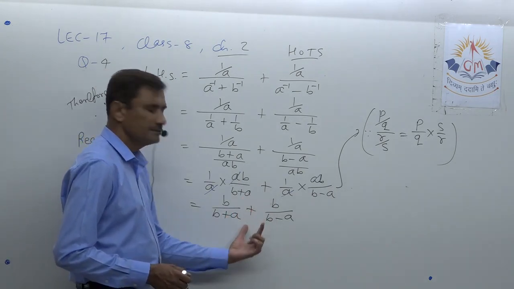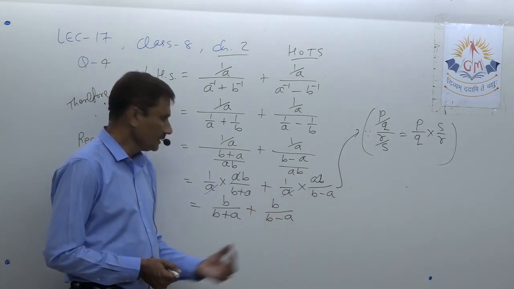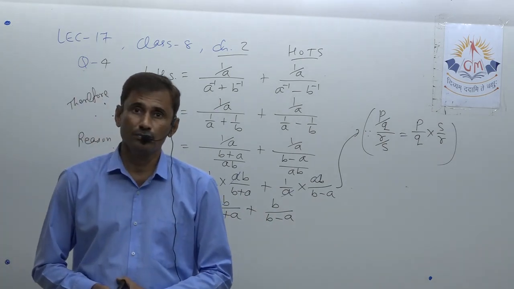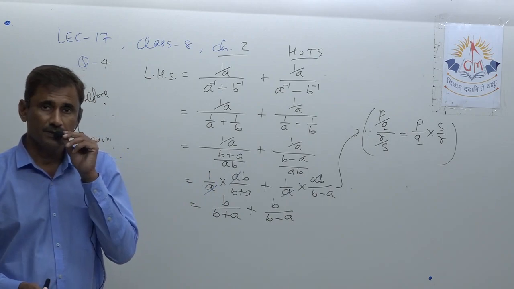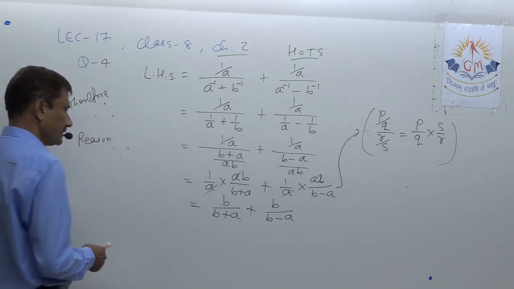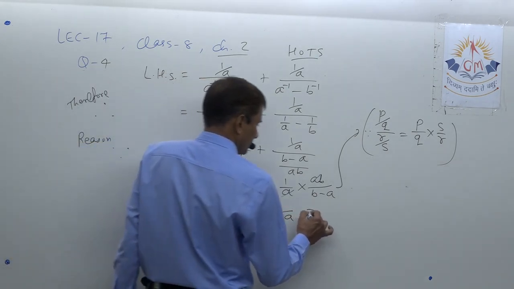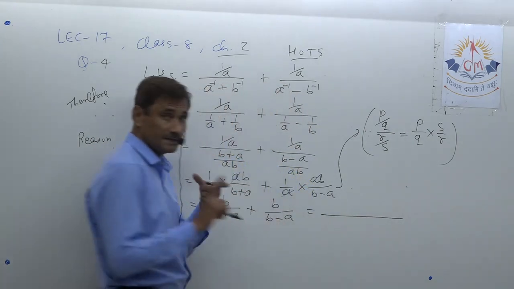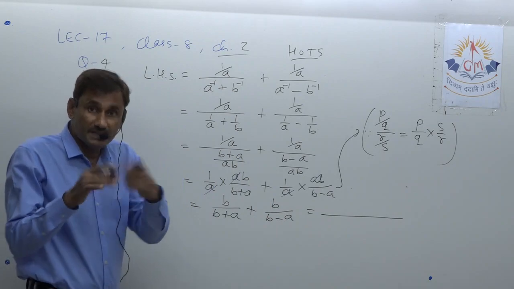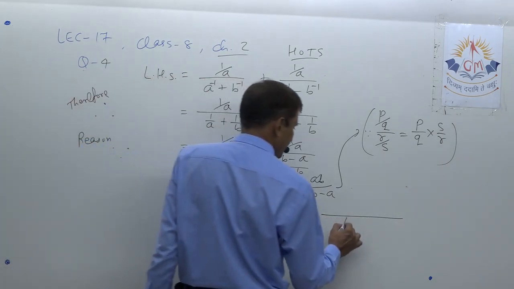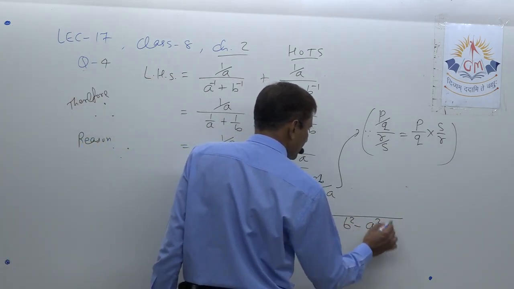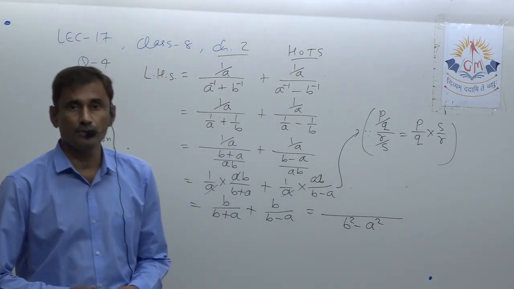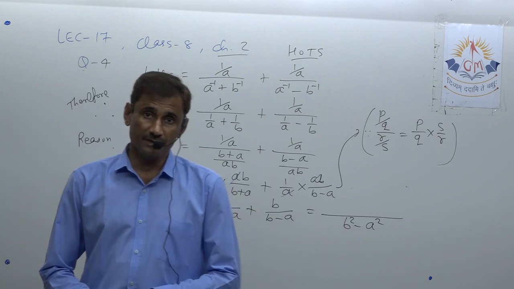Okay, now you can say this is a fraction and in between is addition. So obviously you know what to do, cross multiplication again. So do the cross multiplication step here. First of all, the product of both these, B plus A and B minus A, means you know, B square minus A square, that identity of algebraic expressions: x plus y times x minus y is equal to x square minus y square.